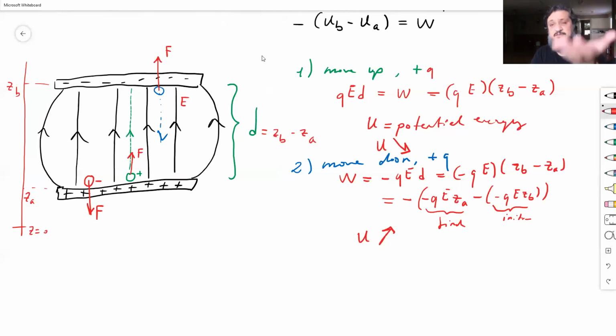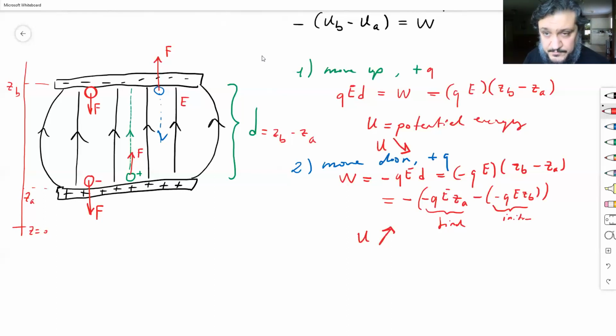If you want to bring it close to the negatively charged plate, you have to do extra work, right? You have to do the positive work. So the work done by the electric field would be negative. And if you start from top and then go down, the force is downward, then the work done would be positive, of course.